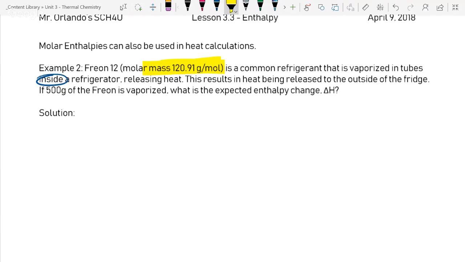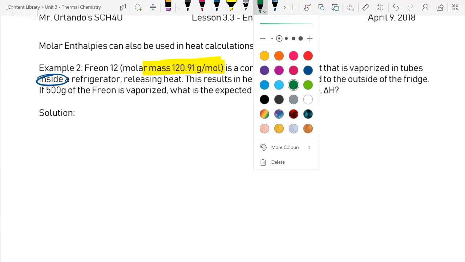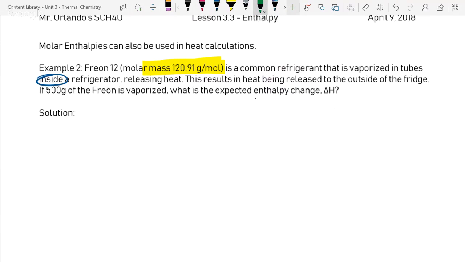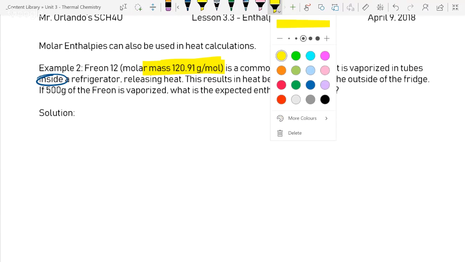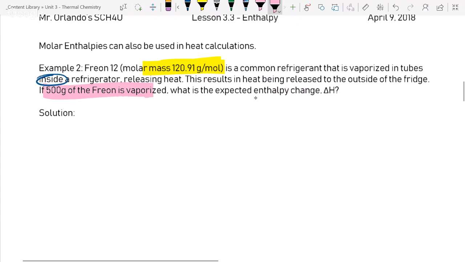And the question is, if I take 500 grams of this stuff and vaporize it, what will be delta H? Does that make sense? So, what are we actually starting with here?